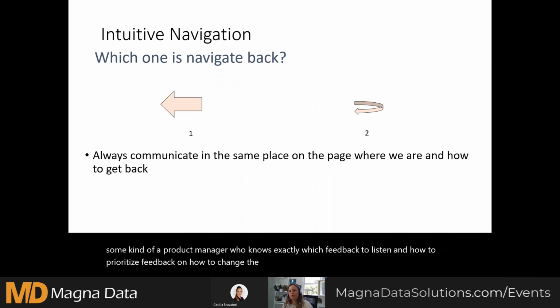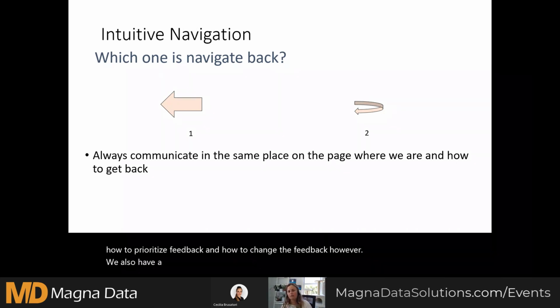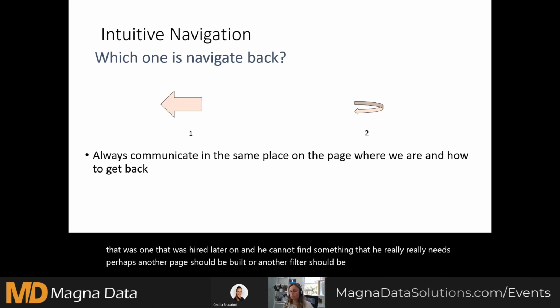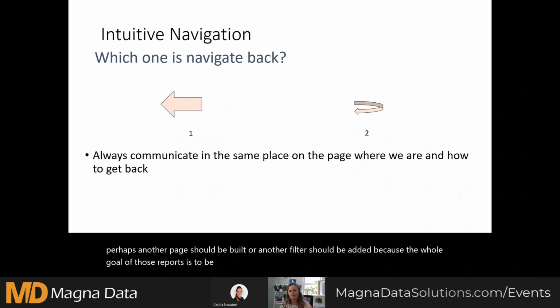However, we also have business questions that are there to guide us. So if we have a business user who was hired later on and he cannot find something that he really needs, perhaps another page should be built or another filter should be added, because the whole goal of those reports is to be flexible and to enable data-driven decision support.